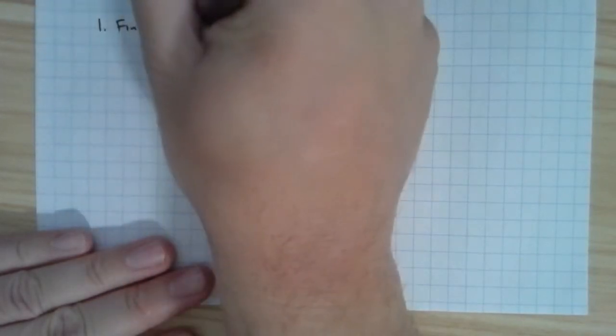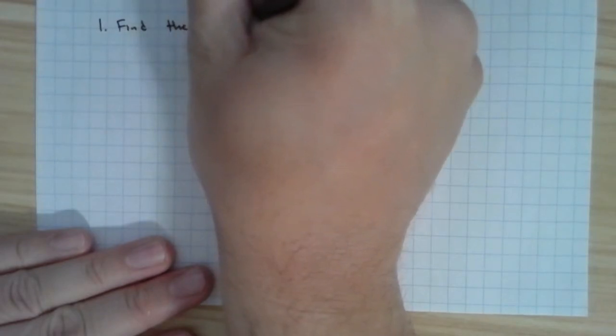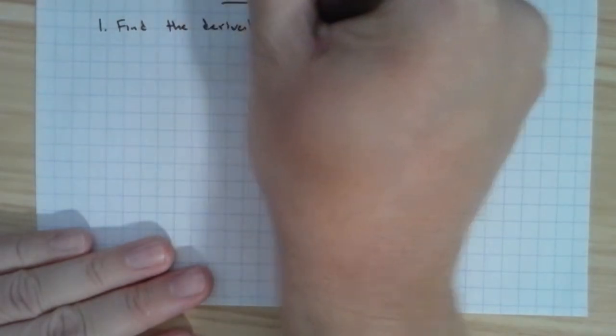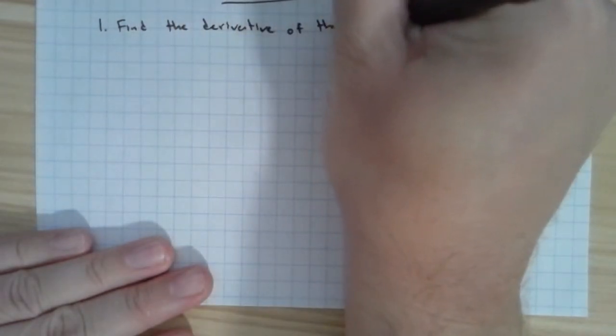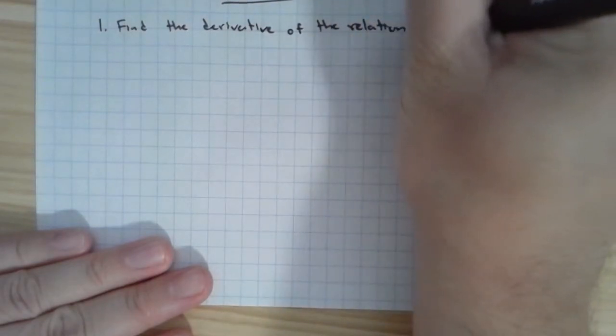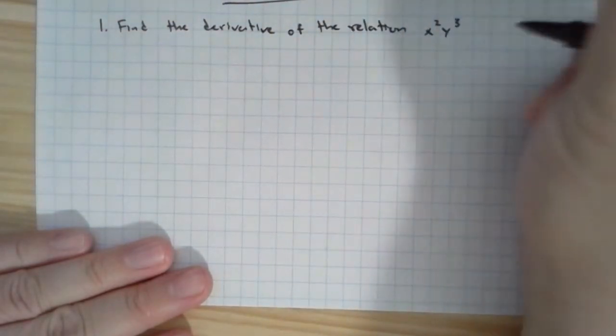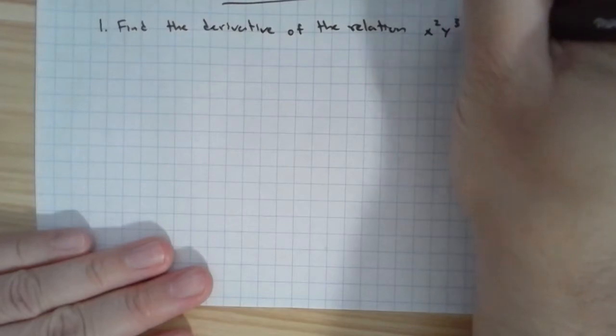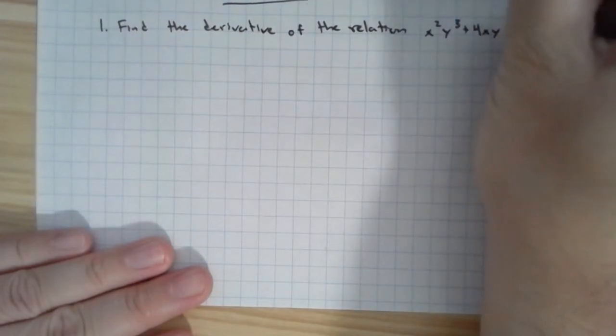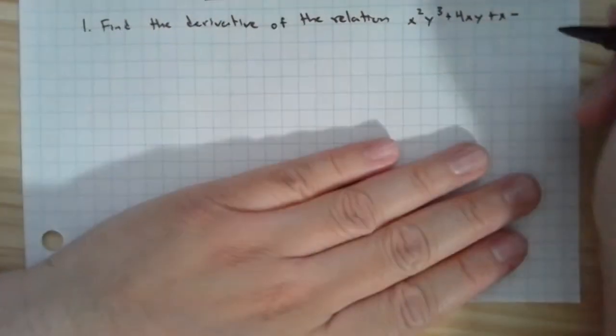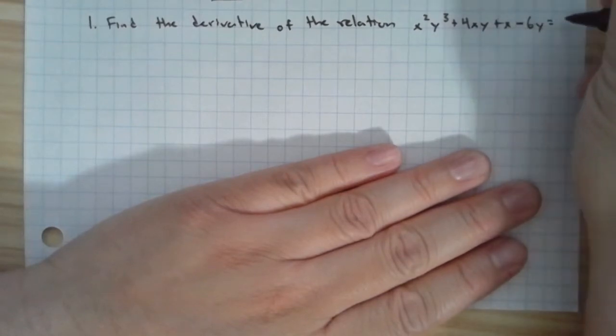find the derivative of the relation x squared y to the third plus 4xy plus x minus 6y is equal to 2.